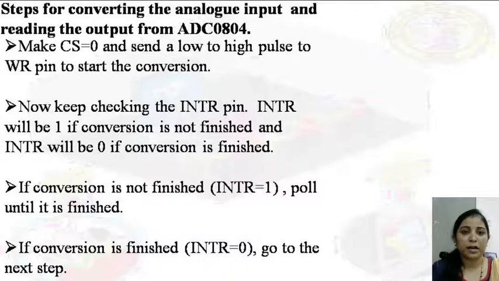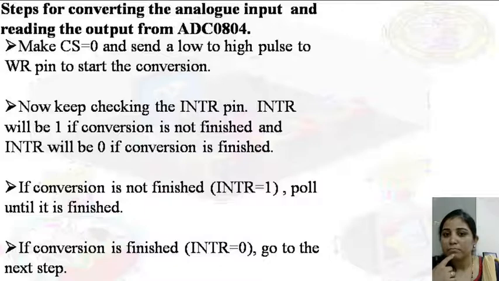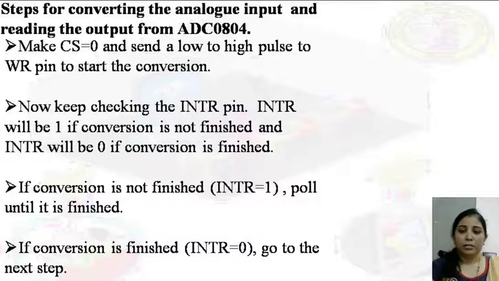The steps to be followed here are: first we make CS equal to 0 and send a low to high pulse to the write pin to start the conversion.